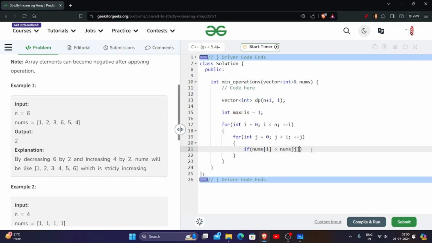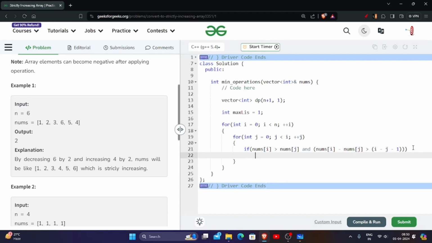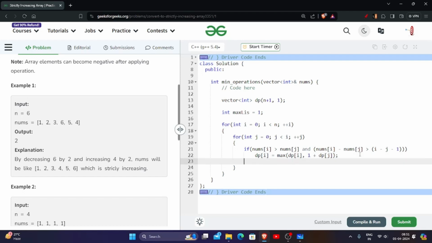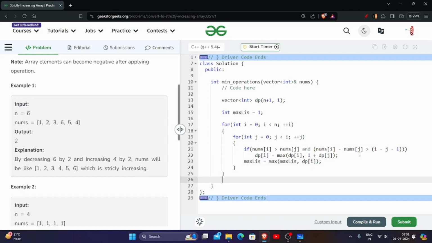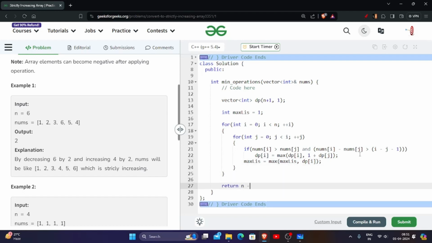If nums of i is greater than nums of j, and the same condition holds, that the difference nums of i minus nums of j should be greater than or equal to i minus j minus 1, then dp of i would be max of my existing dp of i and 1 plus dp of j. That's it. And I make maxLIS the max of maxLIS and dp of i. Now I can return n minus maxLIS.